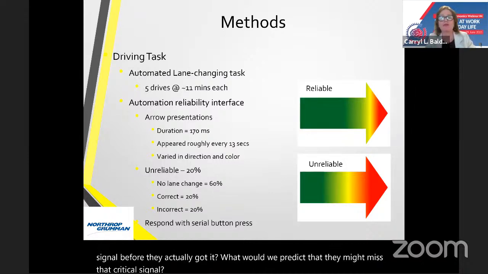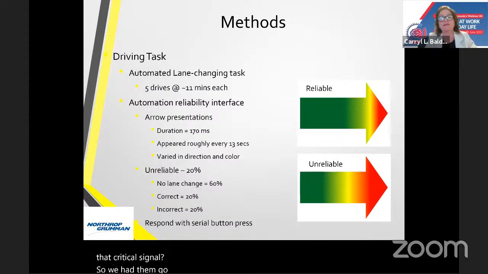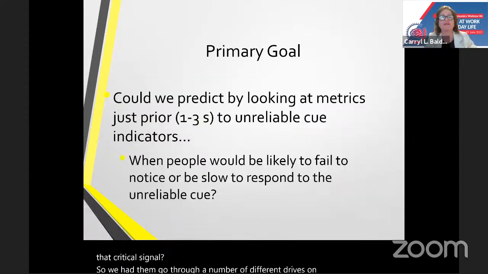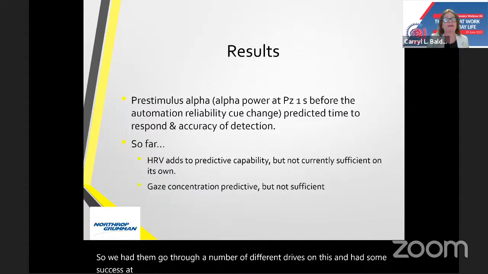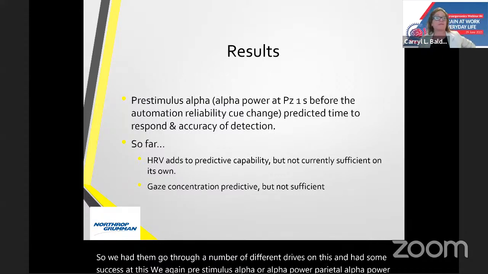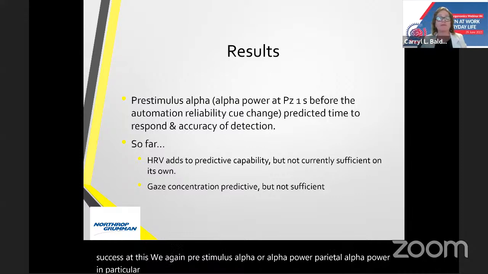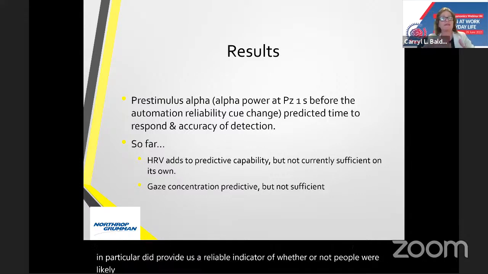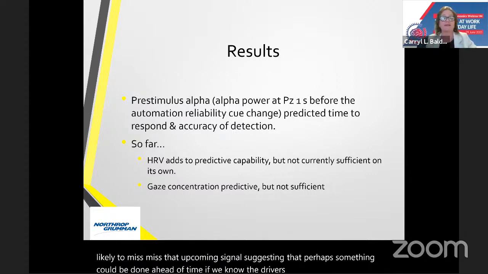We had them go through a number of different drives on this and had some success. Again, pre-stimulus alpha power, parietal alpha power in particular, did provide us a reliable indicator of whether or not people were likely to miss that upcoming signal, suggesting that perhaps something could be done ahead of time if we know the driver's out of the loop and not paying attention.